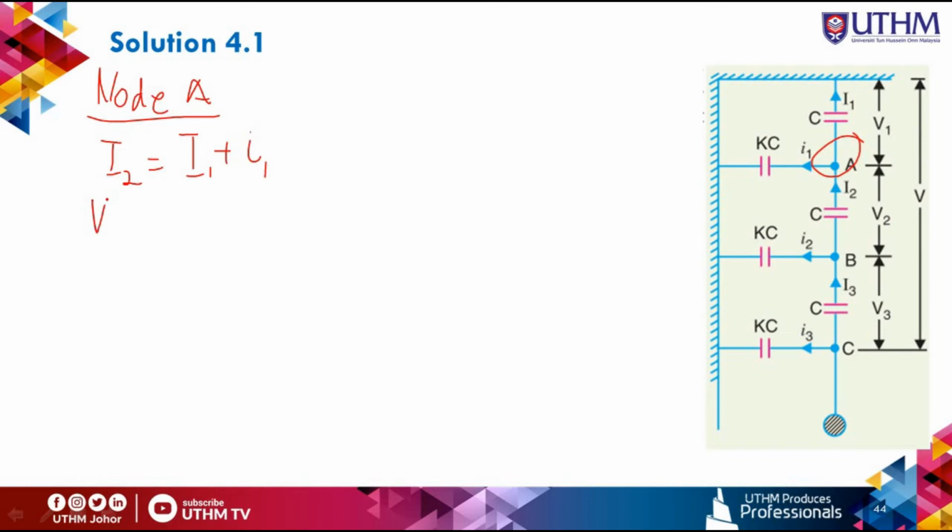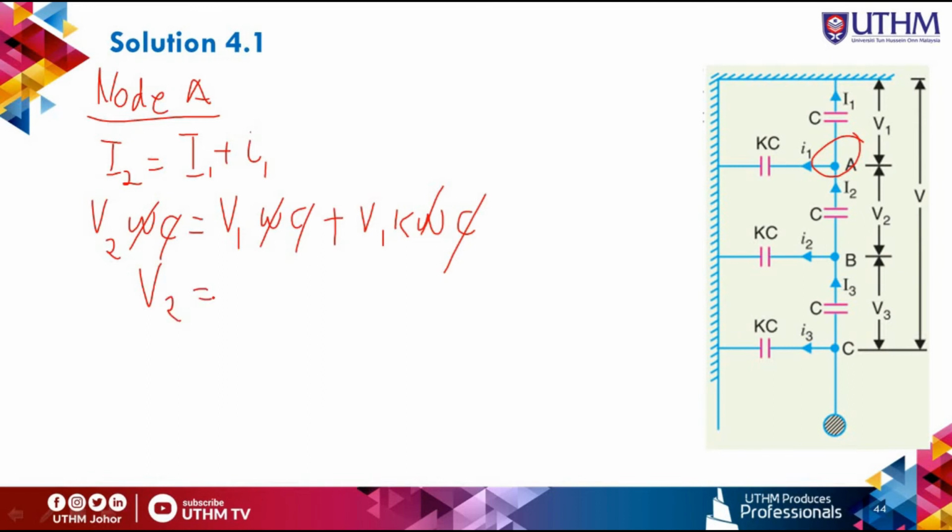So V2 omega C is equal to V1 omega C plus V1 K omega C. Here we can just cancel out omega C. Then we get V2 equals V1 times (1 plus K).